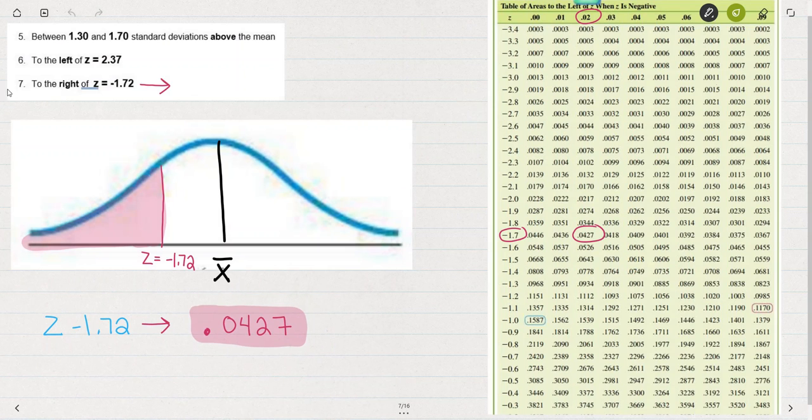And one more, I'm going to use this table to find the decimal that represents the area to the left of z when z is negative 1.72. Make sure you're on the table that's negatives, and I can find the 1.7 to the left and the 0.02 at the top, and they match up to this decimal score of 0.0427.